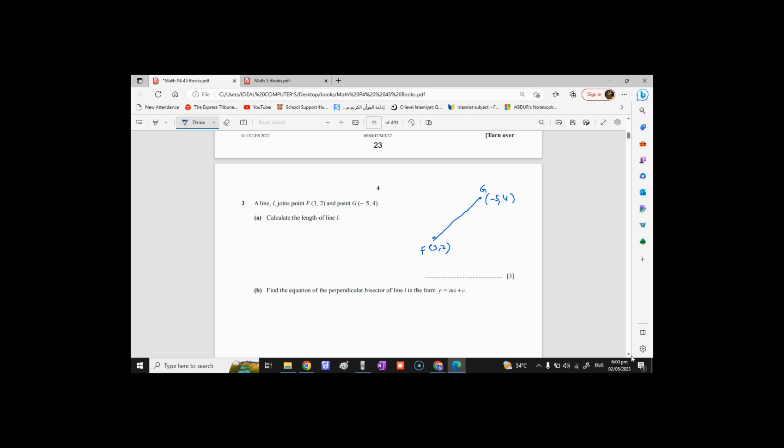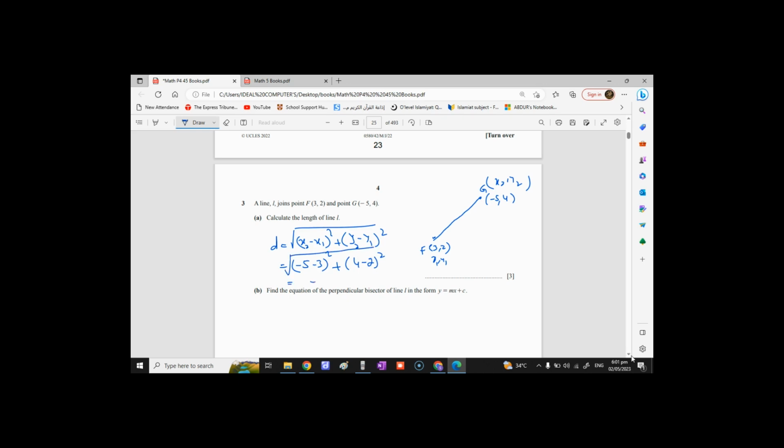In order to find the length of this, I will take this one as x1 y1, and the next I will take as x2 y2. So when we apply the distance formula, that is x2 minus x1 whole square plus y2 minus y1 whole square, and then at the end I will take the square root. So I will subtract negative 5 minus 3 square and then 4 minus 2 whole square.